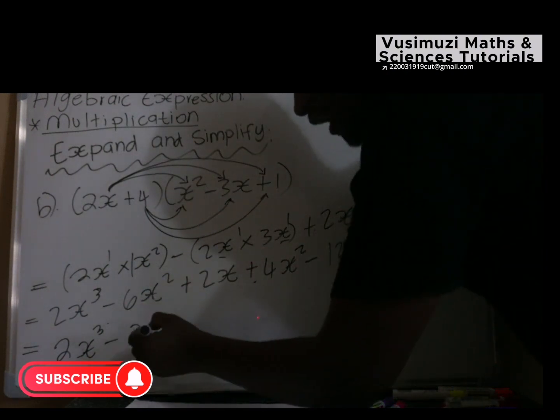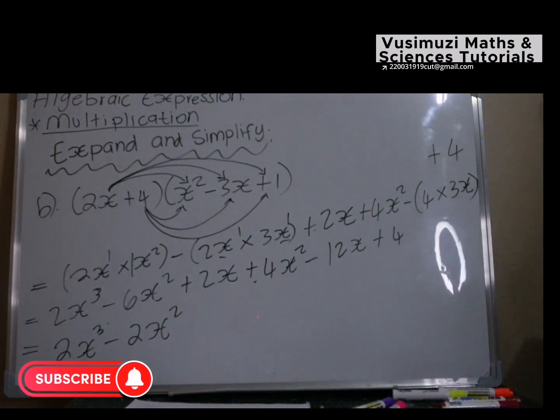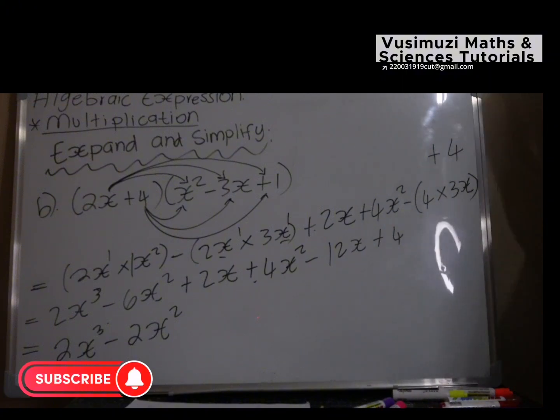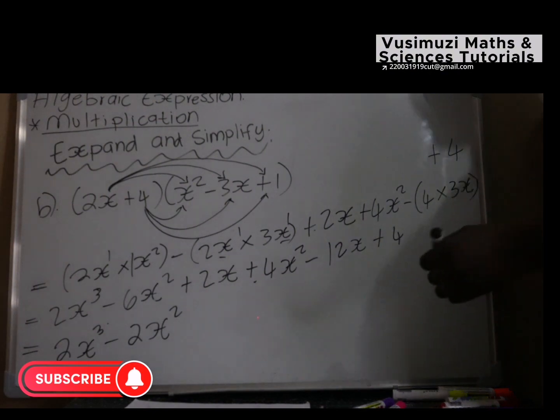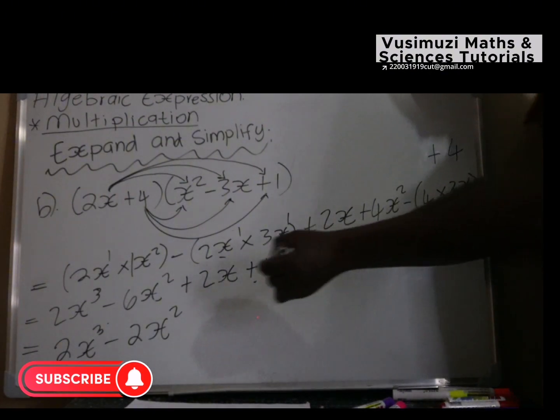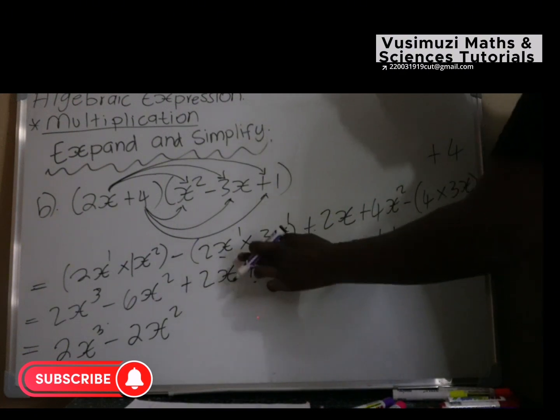You don't do anything about x squared. If you add like terms, you bring down the variable; you don't do anything about variables. When you come to x, are there any like terms? Yes. Negative 12x and positive 2x are like terms, x to power 1 and x to power 1.